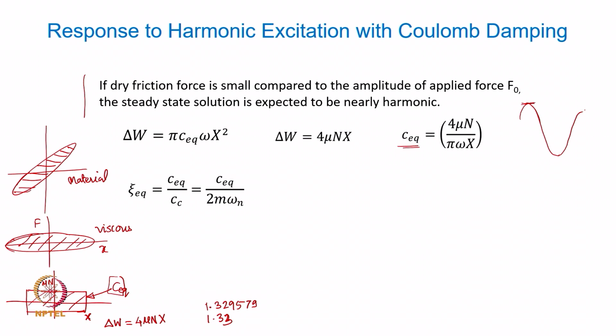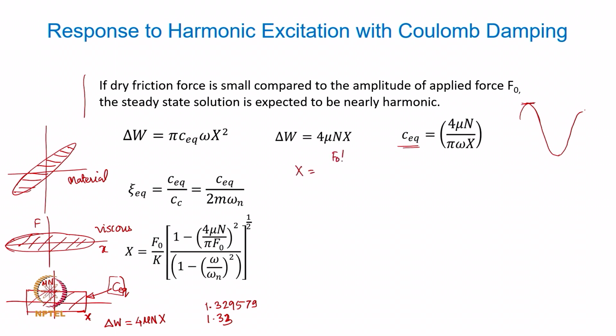Now, when C equivalent is obtained like this, obviously the damping factor equivalent can be obtained in the same way. Okay. So, you know that Cc is 2 m omega n, and by using that you can get a zeta equivalent, and when you substitute this zeta equivalent in an expression for capital X, which we know is F naught over k times square root of 1 minus r square whole square plus 2 zeta r whole square. Now, in this case zeta is going to be zeta equivalent. Okay. When you substitute for this zeta equivalent in this equation, this is what you are expected to get.